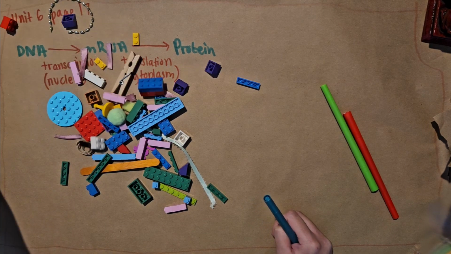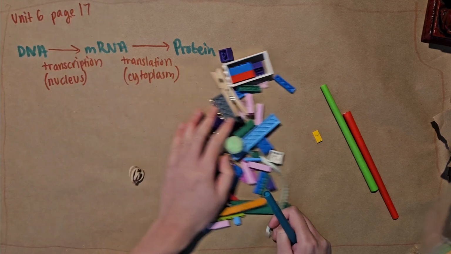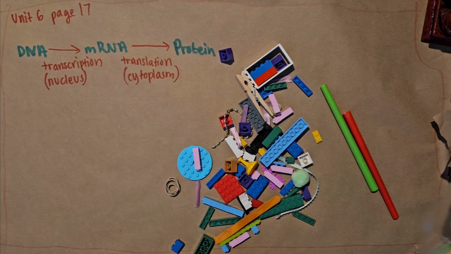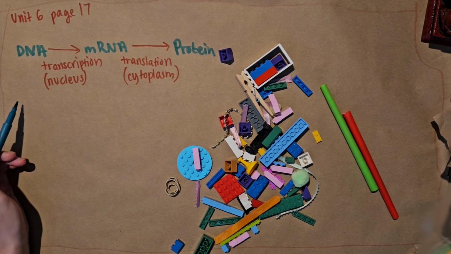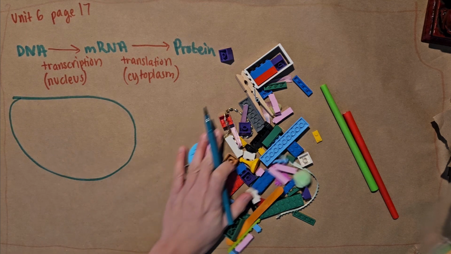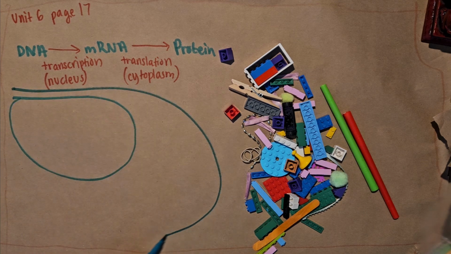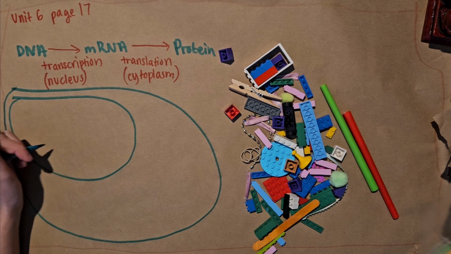Alrighty, I have all my pieces. There we go. So, let's say we're in the nucleus. We got nucleus right here. Let's say that the nucleus is in a cell. Cell, boom, there we go, we have a cell. Nucleus.